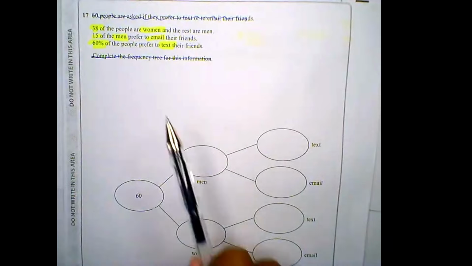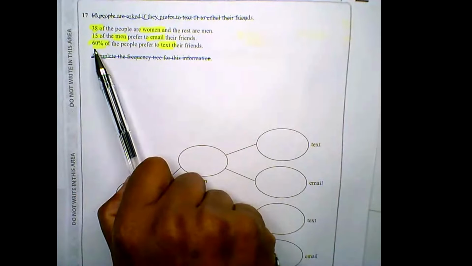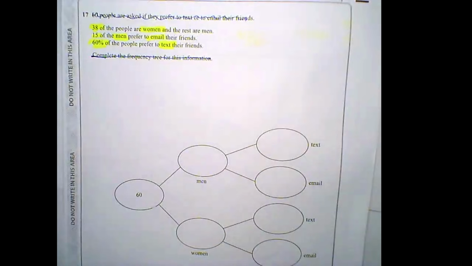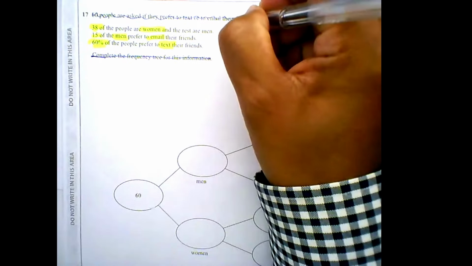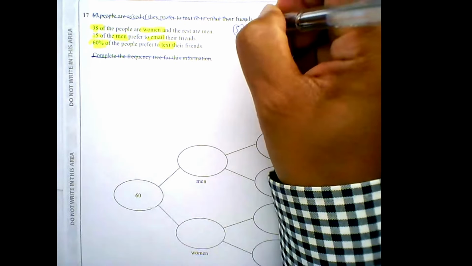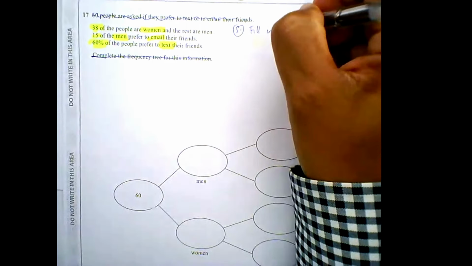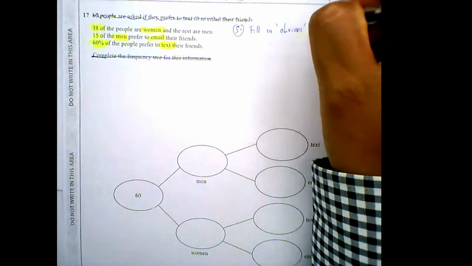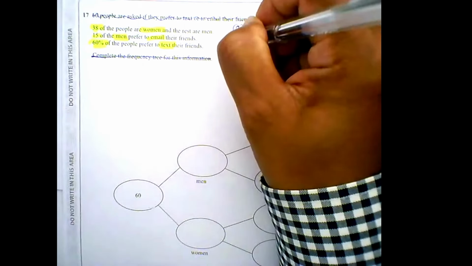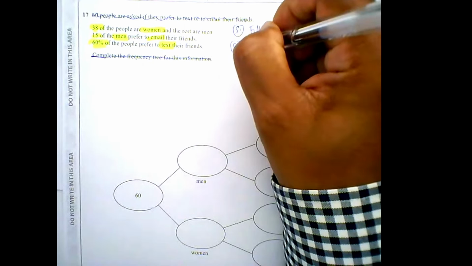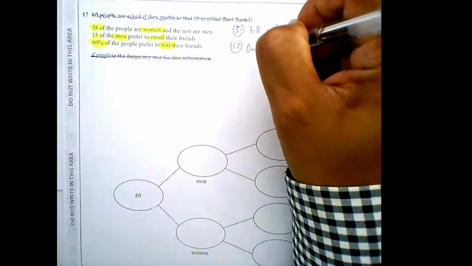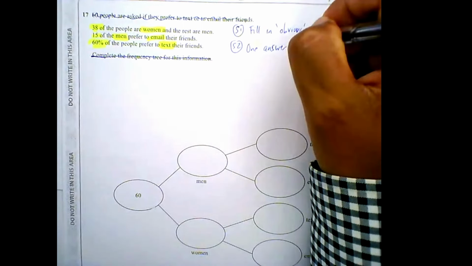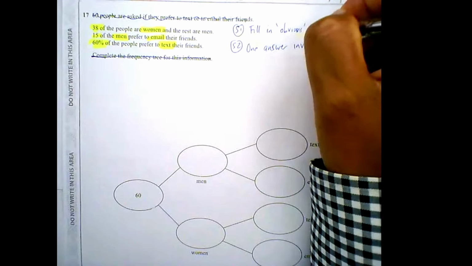This question, we've got percentages. Previously, we did not have percentages. This time around, we are having percentages. So this question, step 1, is fill in obvious information. And then step 2 is one answer will invite us to the next answer.